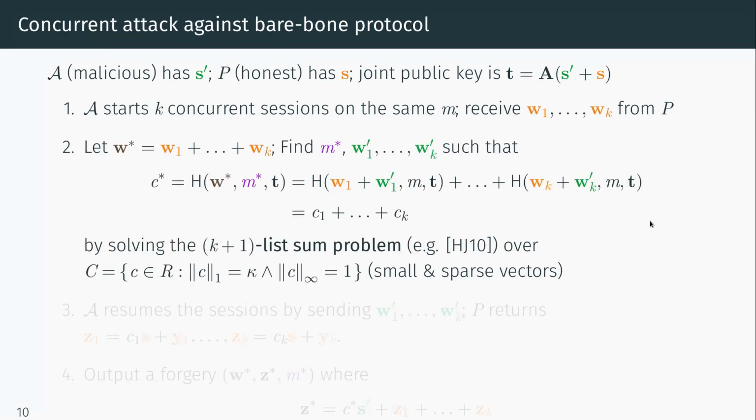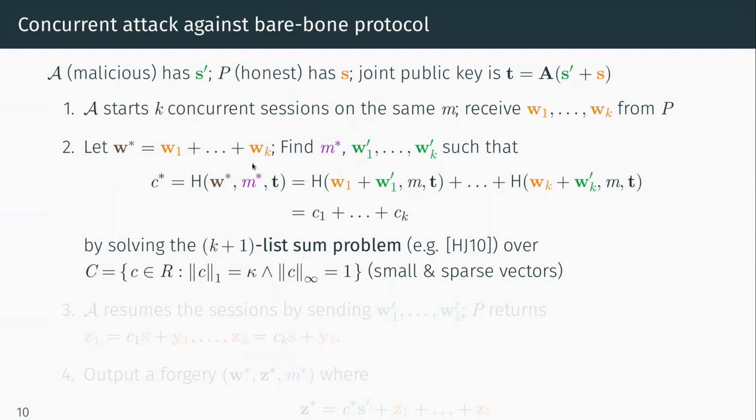The adversary adds those W values up, and then the adversary has to find some message and the response value, such that the hash of these values satisfies this equation.